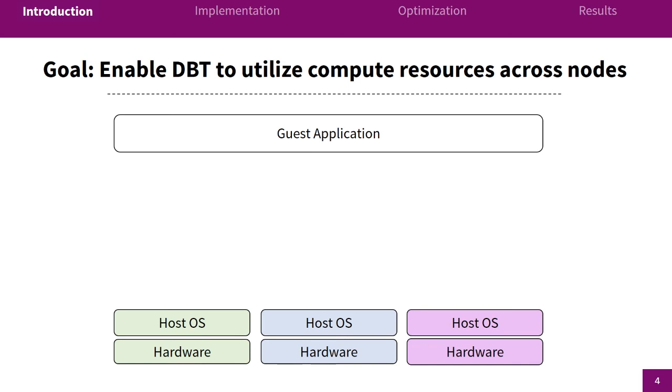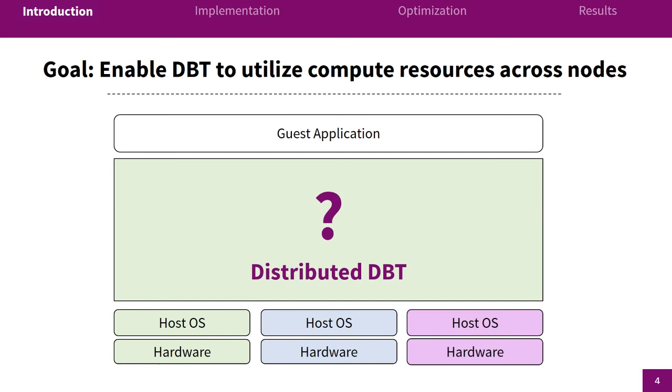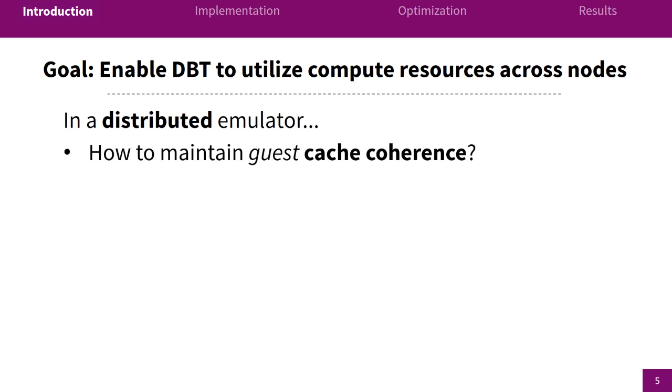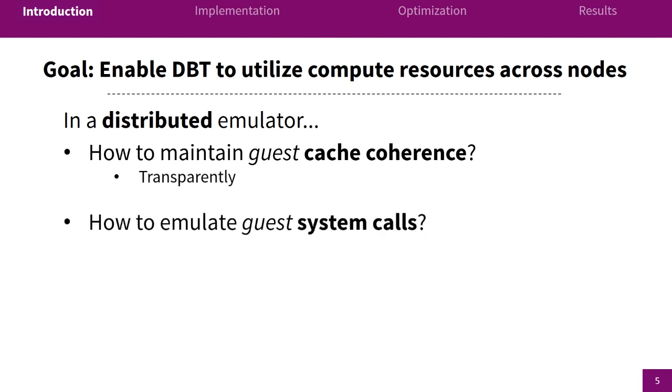A distributed DBT is a system that can utilize multiple nodes' computation resources and serve one guest application. There are several challenges when we design such a system. The first is how to maintain guest cache coherence. Note that the guest application does not know it is running on a distributed system, so we have to keep the cache coherence transparently. The second is how to emulate guest system calls.